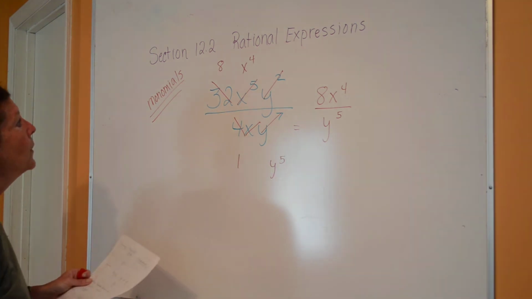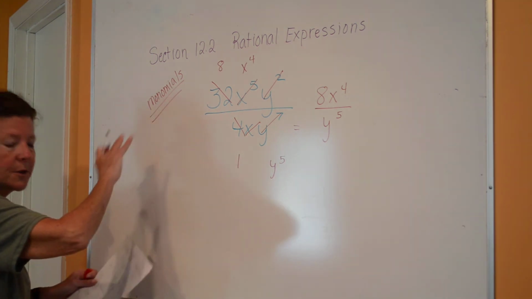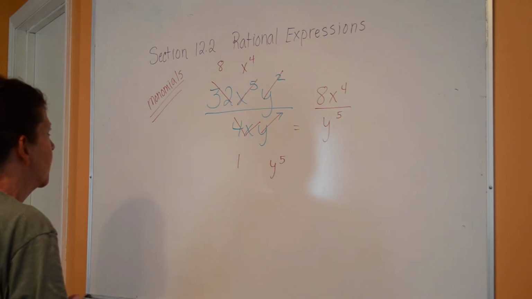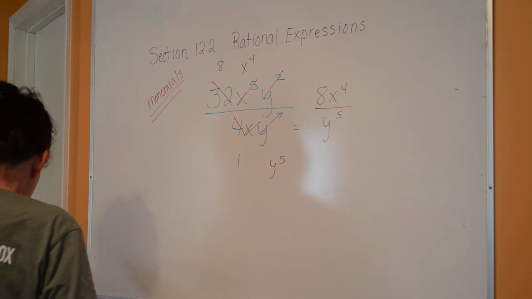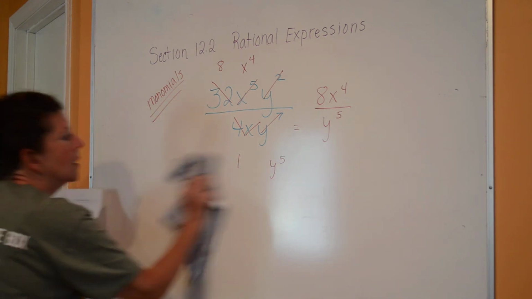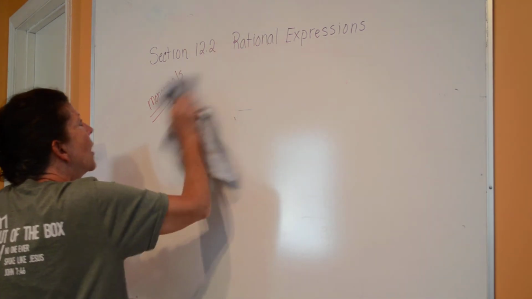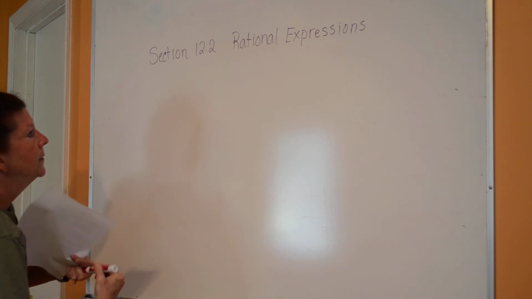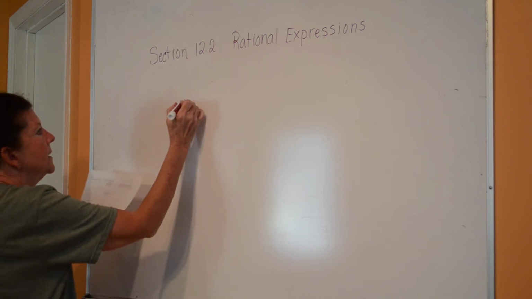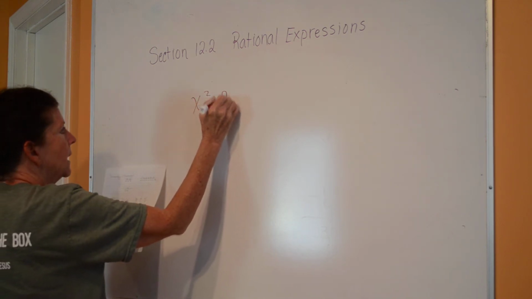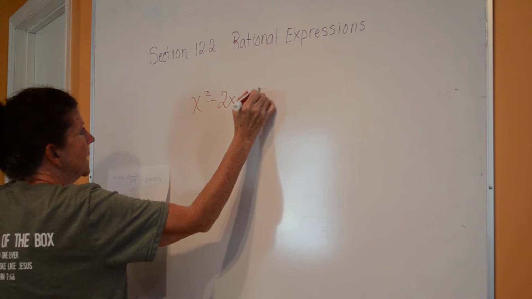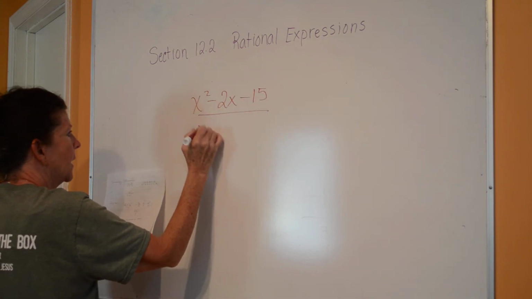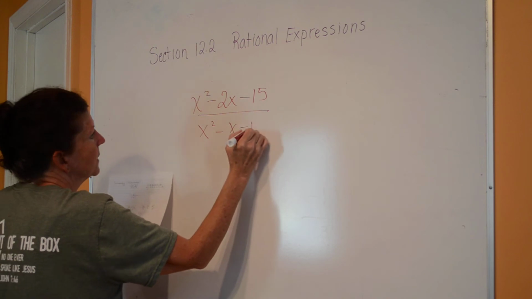All right, now we're going to change off of monomials, and we're going to do this with some polynomials. This is going to involve some factoring, so I hope you're up to speed on your factoring. So let's say I have x squared minus 2x minus 15 over x squared minus x minus 12.